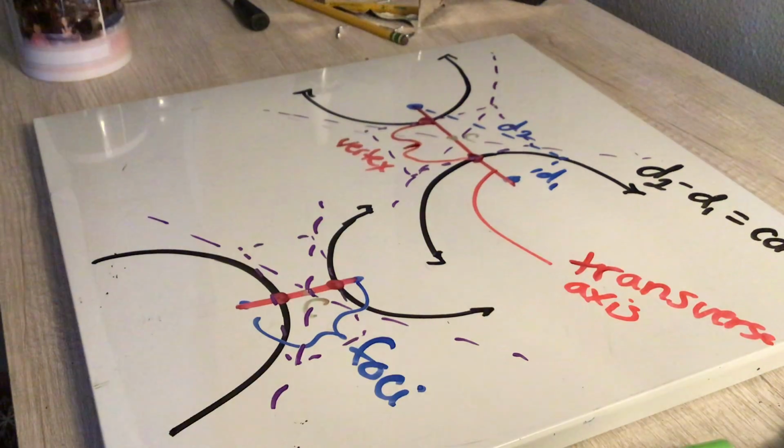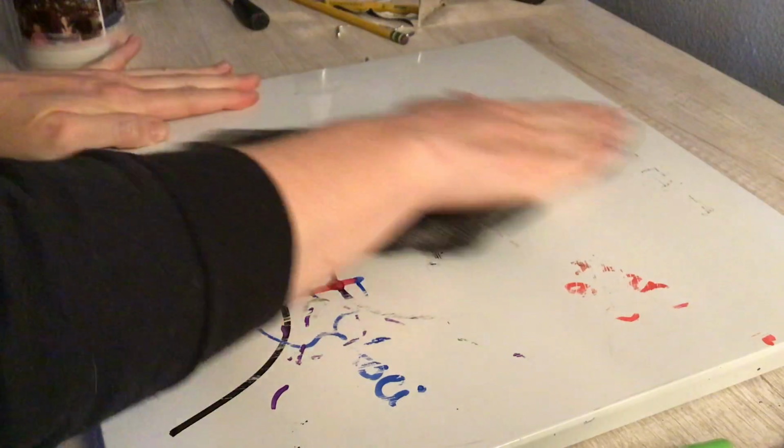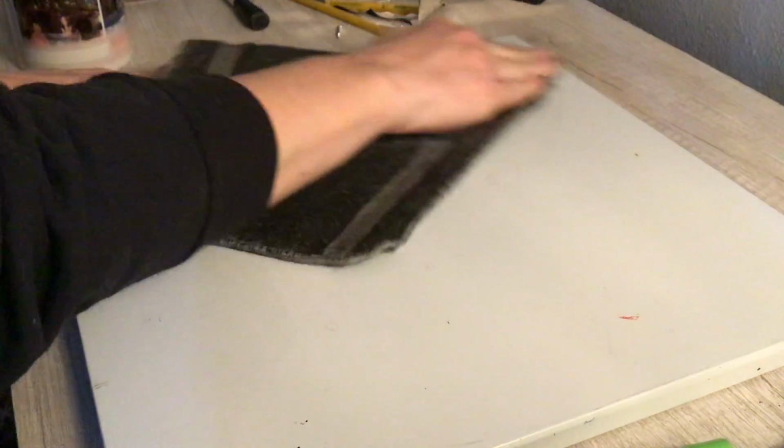When you look at the equation of a hyperbola, it is very similar to the equation of an ellipse. But this constant is a difference. So that's how you tell the difference between a hyperbola and an ellipse.